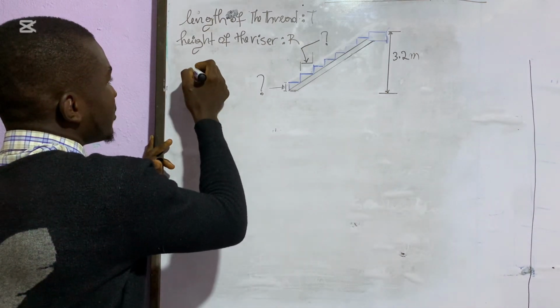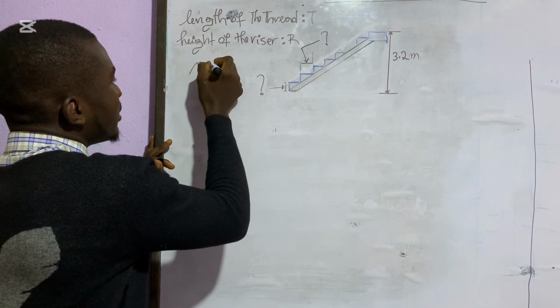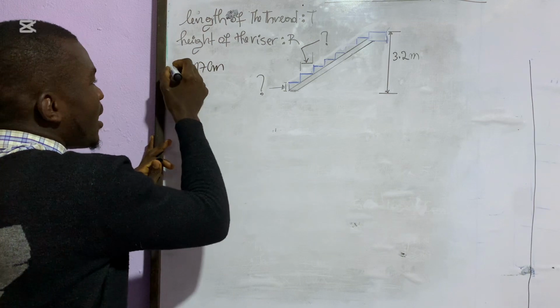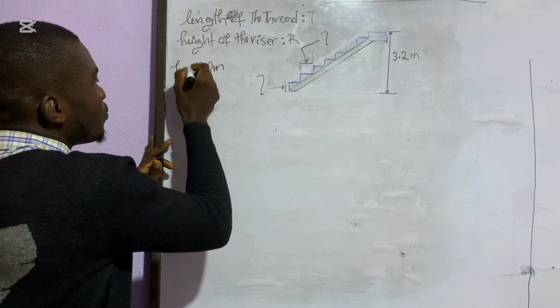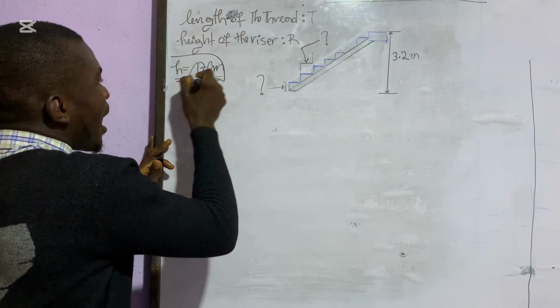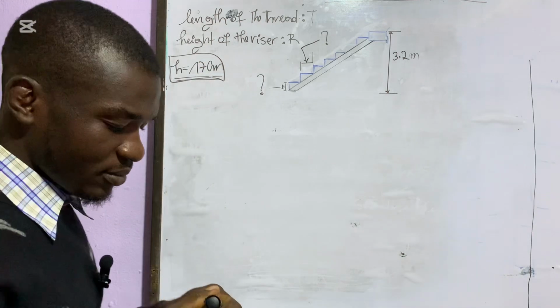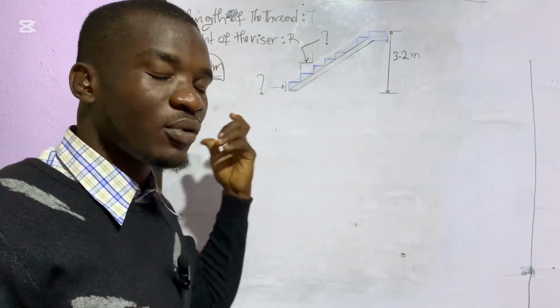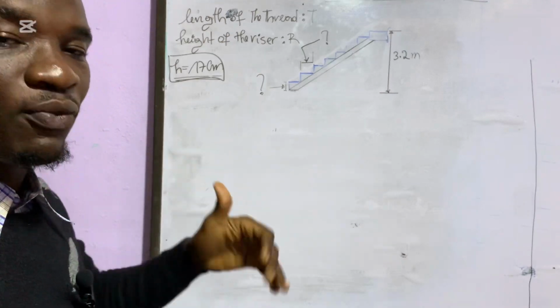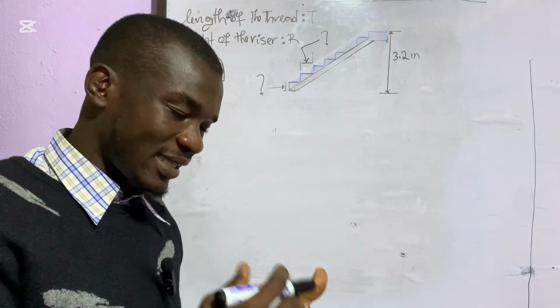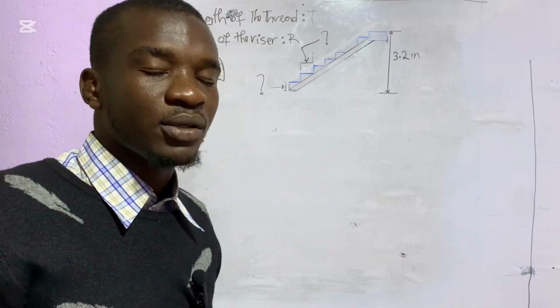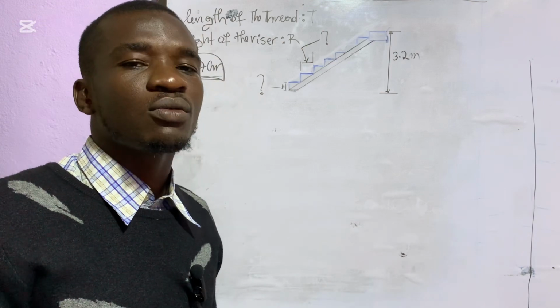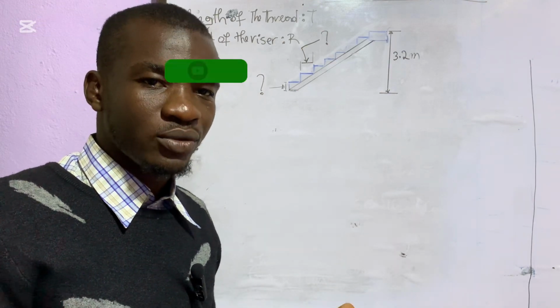Blondel said that the ideal riser height should be equal to or around 17 centimeter. Okay, so in the conception of your staircase, following the Blondel standard is for the sake of comfort, because it's good to build, but it's also good to build something that is useful.